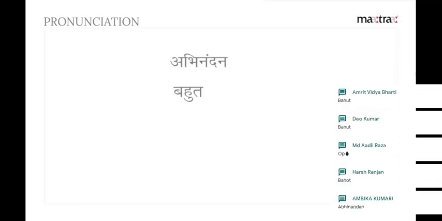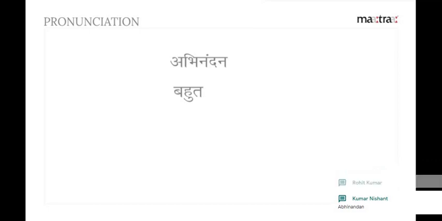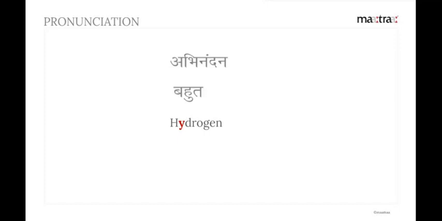But words like these are very common in our language. In Indian languages, we read what we write. Abhinandan. And if there is a difference in pronunciation, it is more because of speed or accent, like the word bahut. In English, pronunciation has zero rules. For example, if we write hydrogen, this is how we spell hydrogen with HY.